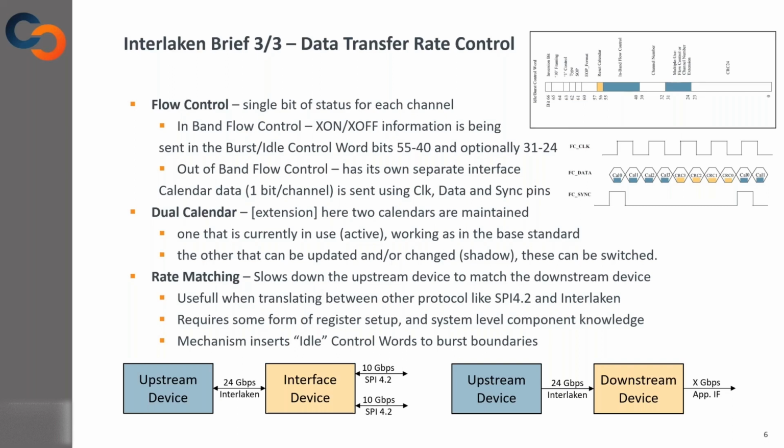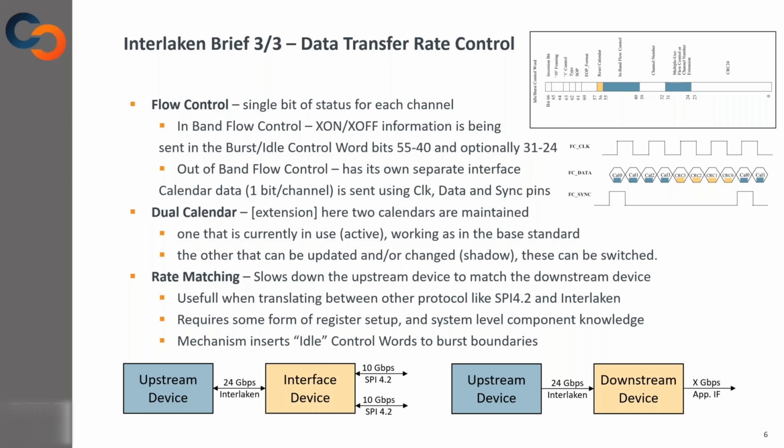And finally, a very important part of Interlaken is rate matching, the ability to slow the transmitter down in order to run at the speed of the receiver or the receiver's interface. In this example at the bottom, you can see we have an upstream device that has a 24 gigabit per second Interlaken interface, and then a secondary device that interfaces between Interlaken and maybe 2 SPIs, and those SPIs would be running 10 gigs, so they have a total bandwidth of 20.